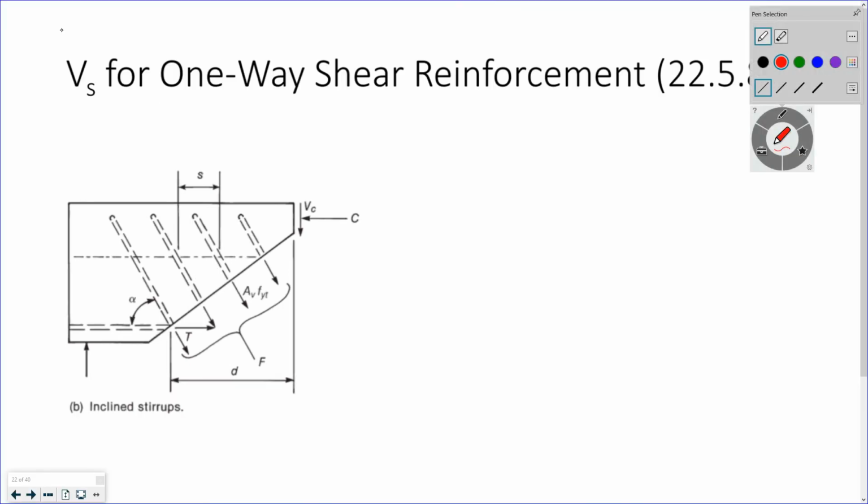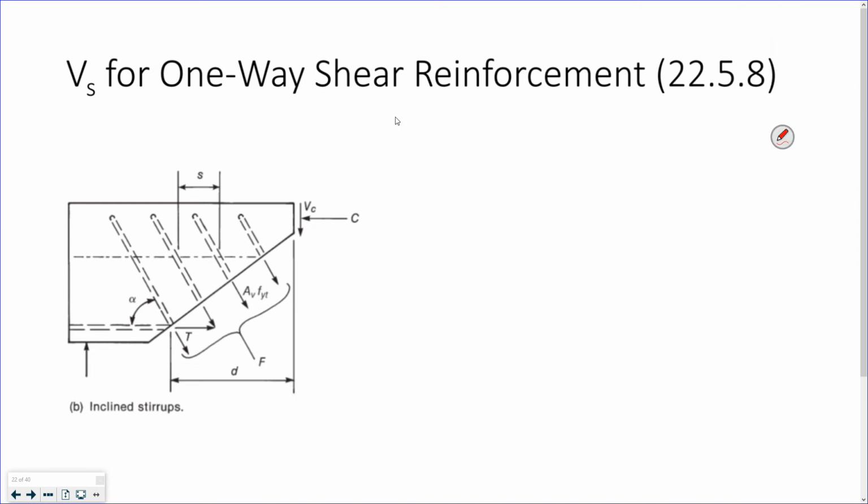Now my equation, if I have inclined reinforcement shear stirrups instead of vertical ones, my contribution from my reinforcement is A_v over s f_yt times d times (sine alpha plus cosine alpha).